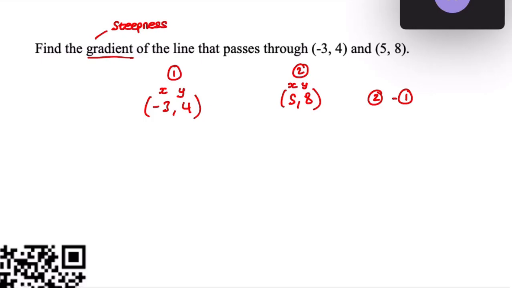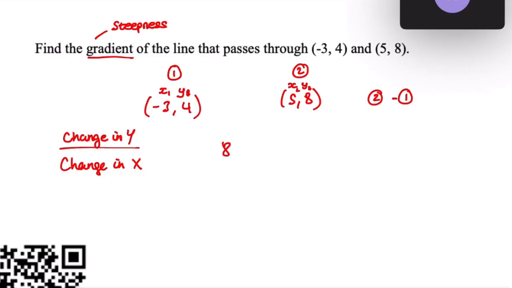So all we're going to do is the change in y divided by the change in x. This is the first coordinate, so we're going to label it x1 and y1. The second coordinate we're going to label as x2 and y2. We're going to do the second coordinate subtract the first coordinate.